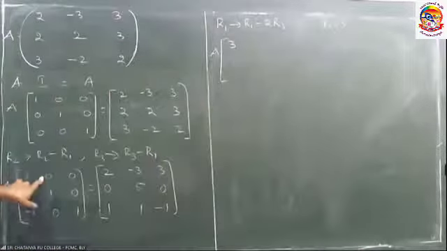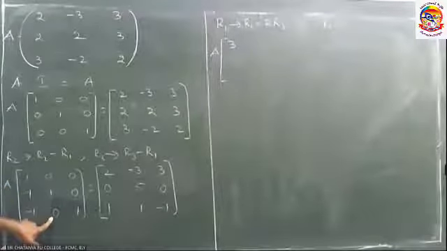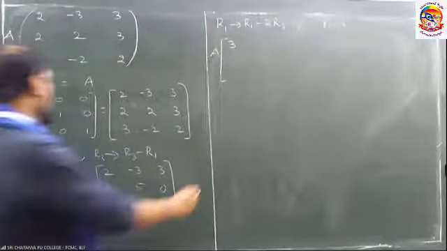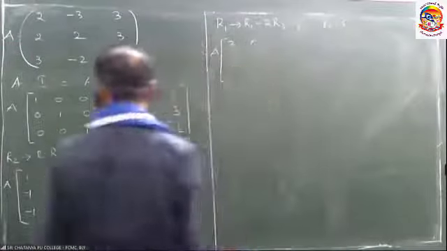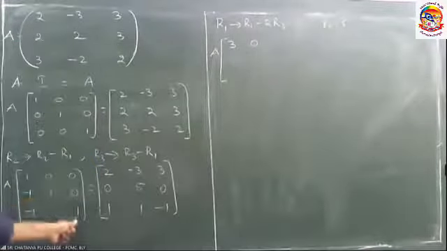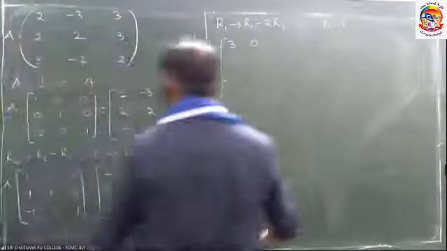0 minus 2 into 0. So 0 minus 0 is 0. 0 minus 2 is equals to.